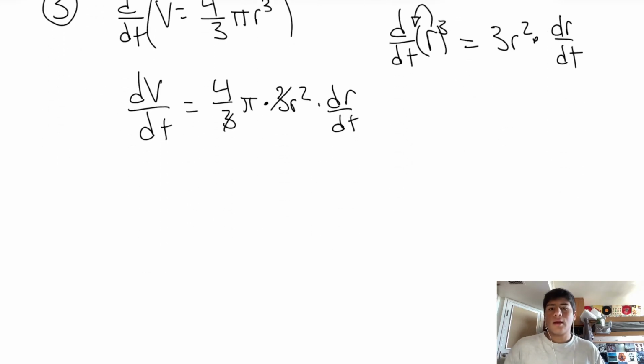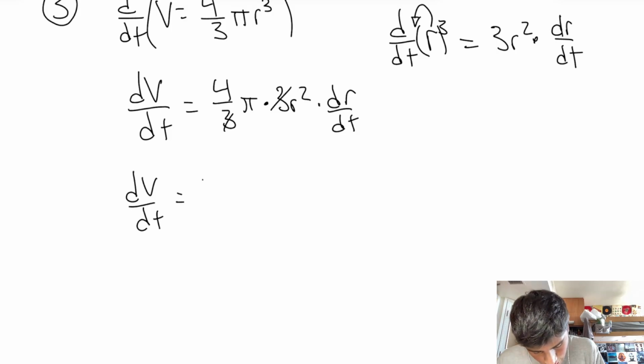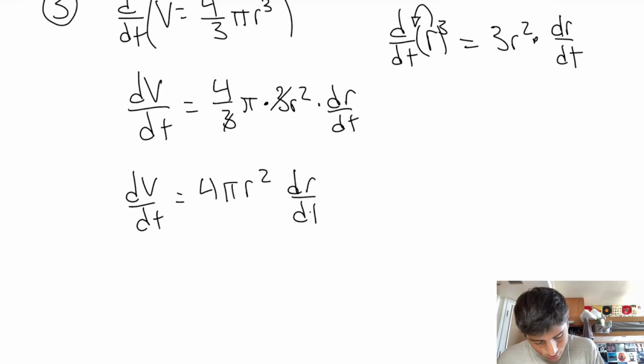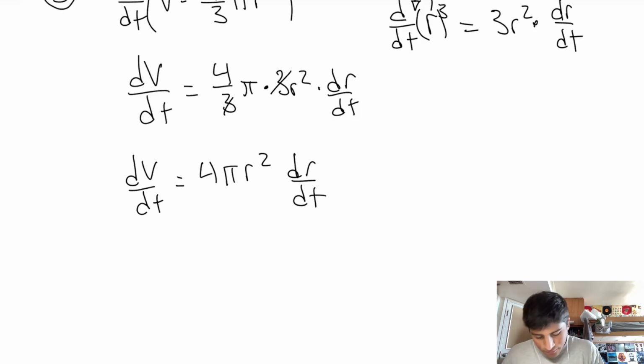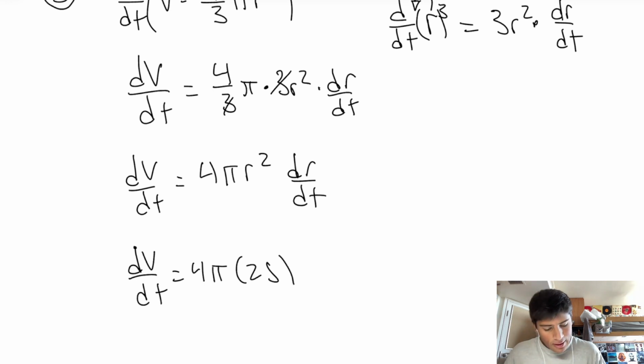Now we're left with dV over dt equals 4 pi r squared dr over dt. And we know r and dV over dt. So we know that r equals 5, which means r squared is 25.